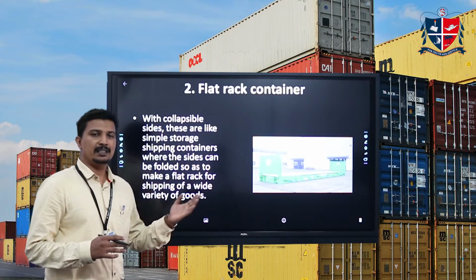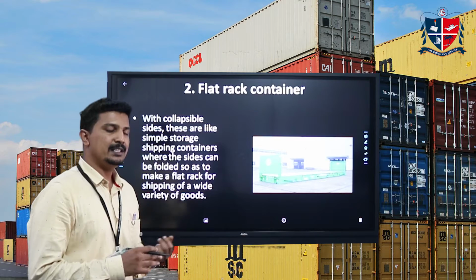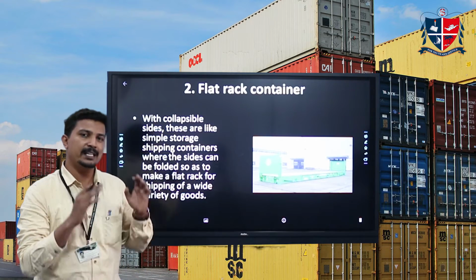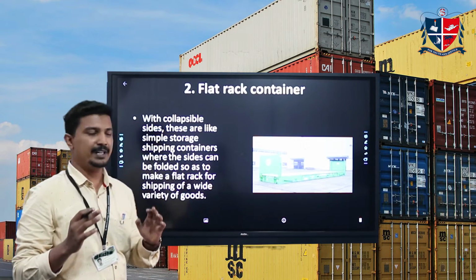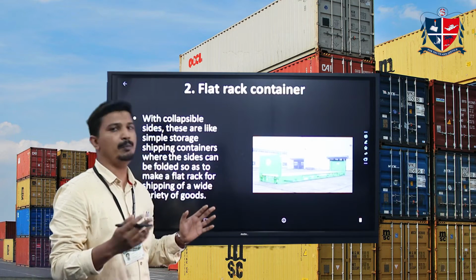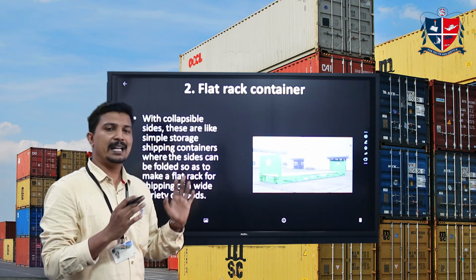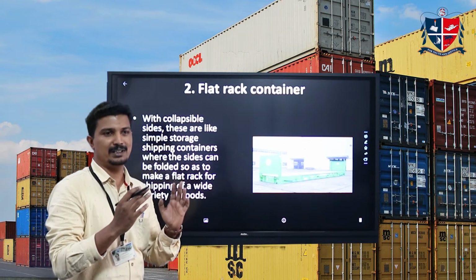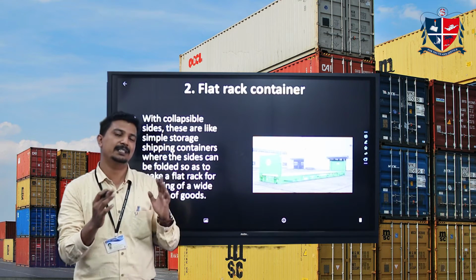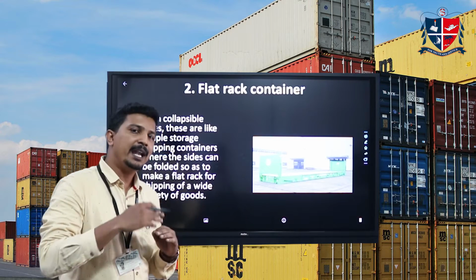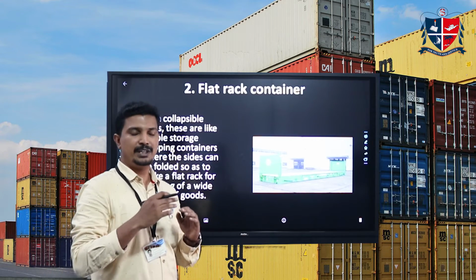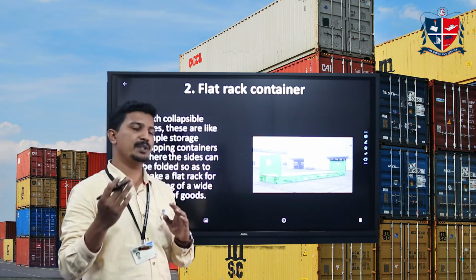So earlier we discussed the standard containers, like 20 feet and 40 feet. Here also the size of the container will be 20 feet and 40 feet, but earlier in standard dry containers we have a limit for width. It was around 8 feet, and height it was around 8.6 and 9.6.